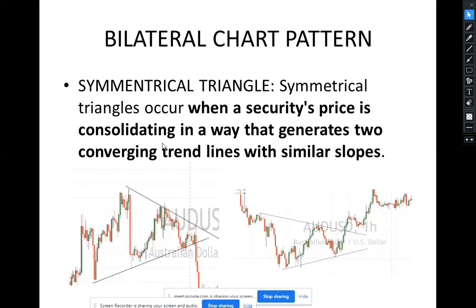What is a symmetrical triangle? Symmetrical triangles occur when a security price is consolidating in a way that generates two converging trend lines with similar slope. Okay, both of them have the same similar slope. So here the market is neutral.